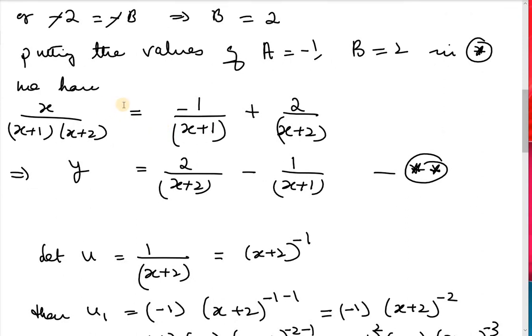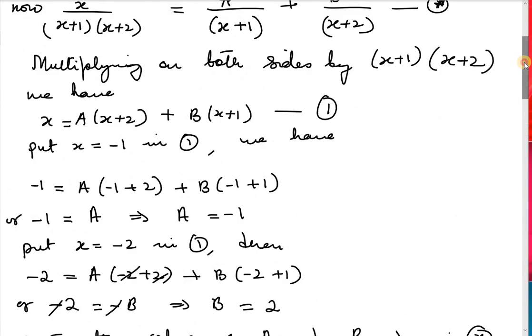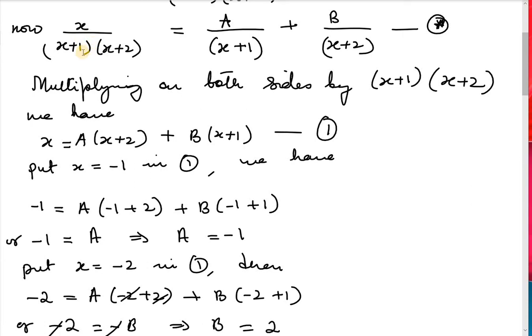So the first step is to apply the method of partial fraction so that you can easily find the nth derivative. Like in this case, x upon (x+1)(x+2) can be written as a upon (x+1), which is the factor of this one, plus b upon x+2. Then cross multiply, and finally you'll get the expression x = a(x+2) + b(x+1).